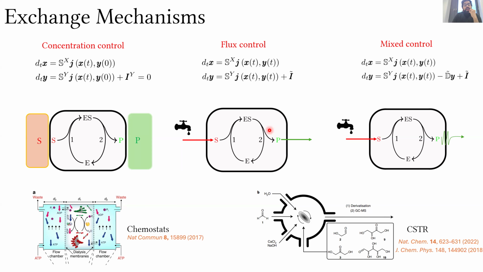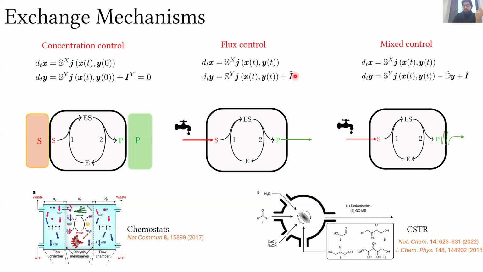But there are other setups wherein you don't need to fix the concentrations. In fact, you can think about fluxes. One such setup is what is called the tank reactor, where you have influxes of material and outflux of everything inside the reactor. We abstracted this and said, okay, we can have influxes at a constant rate, which is exactly what happens here. But for the outflux rate, we took two different choices.